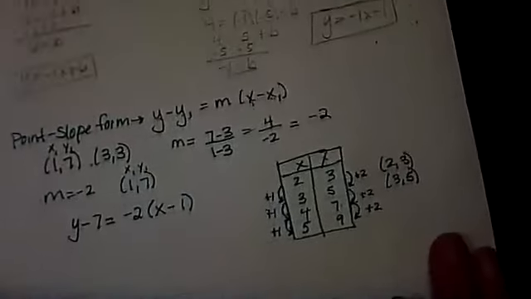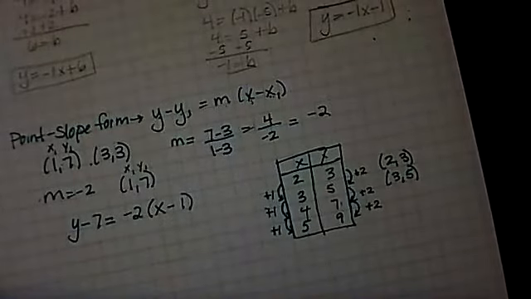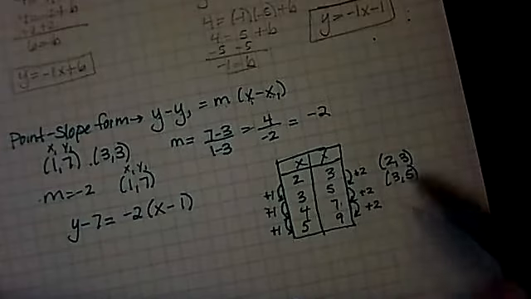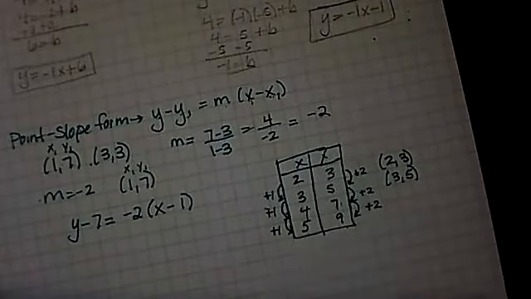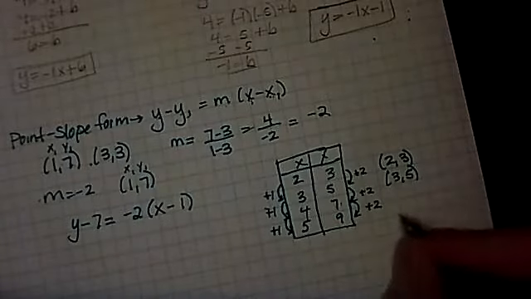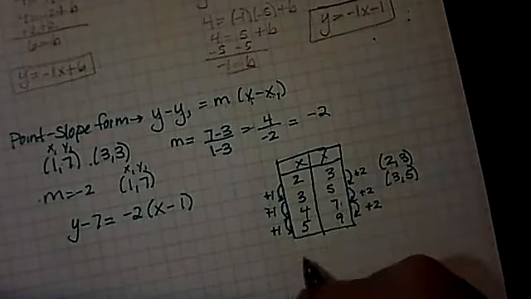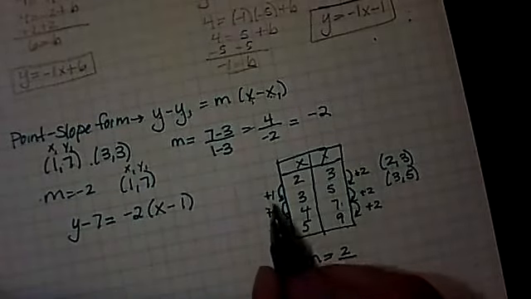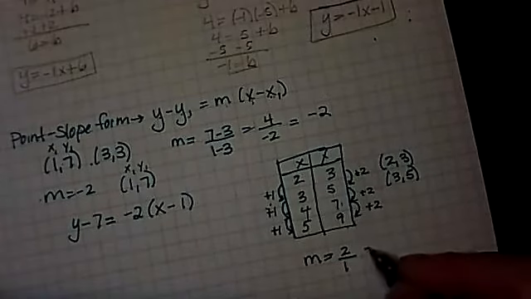So this is the change in y. No matter where I change it, it's always 2. And this is the change in x. No matter where I change it, it's 1. Your slope is the change in y over the change in x. So I could very easily just look at this and say the slope is the change in y over the change in x, which is 2.